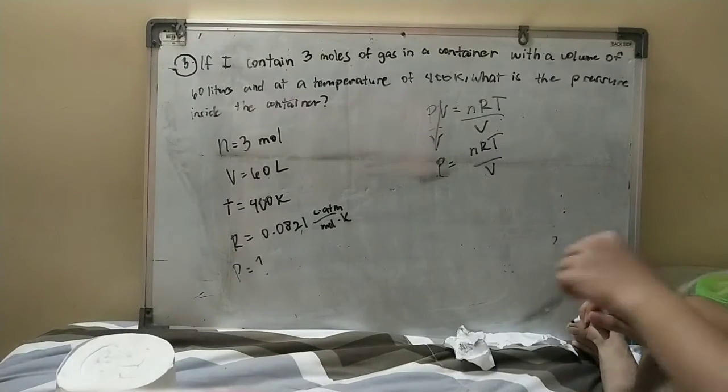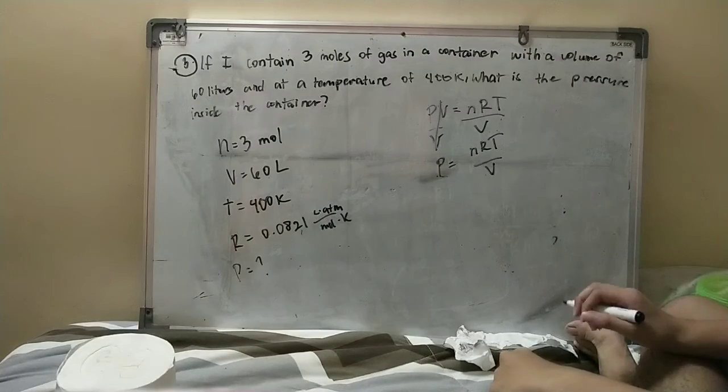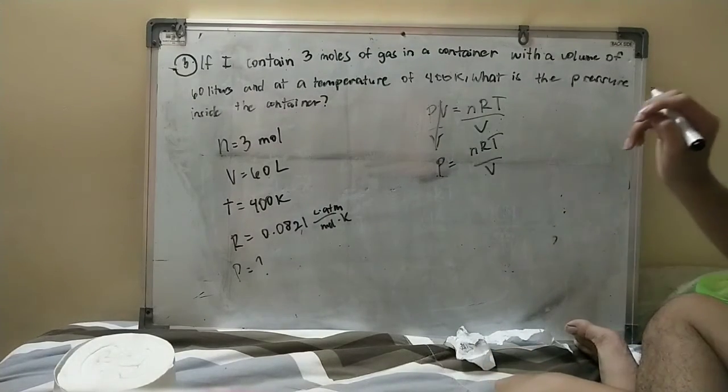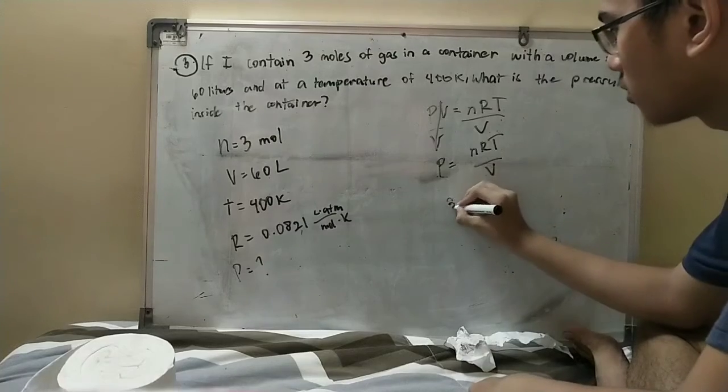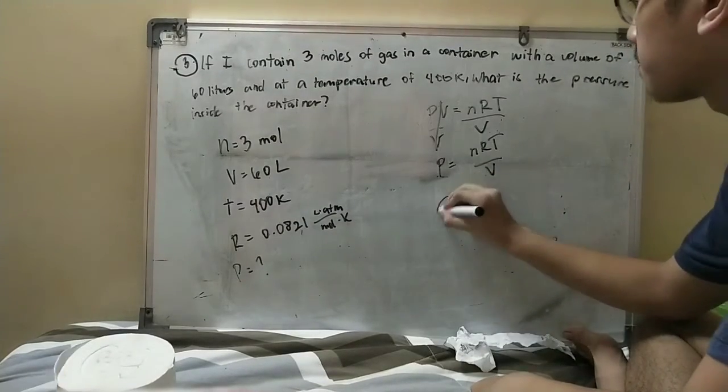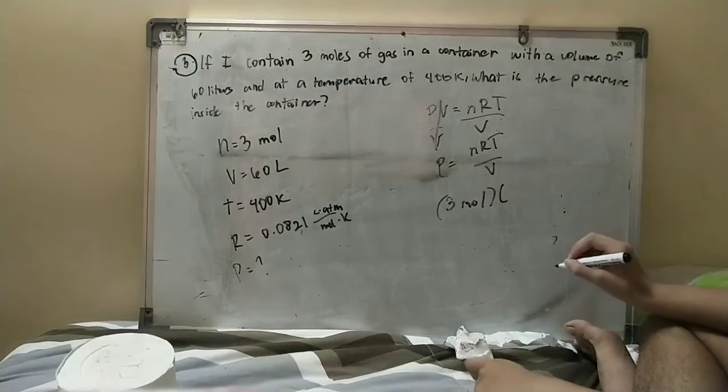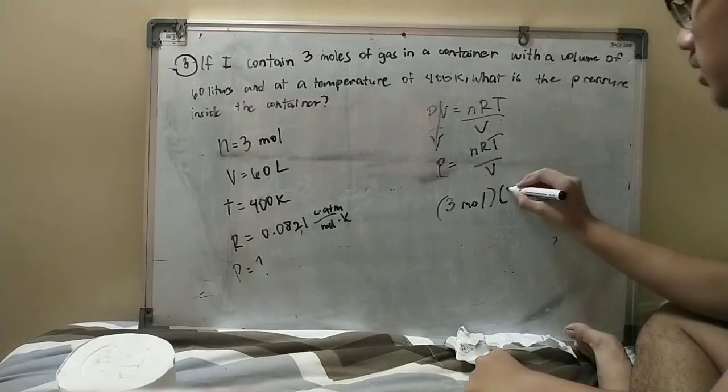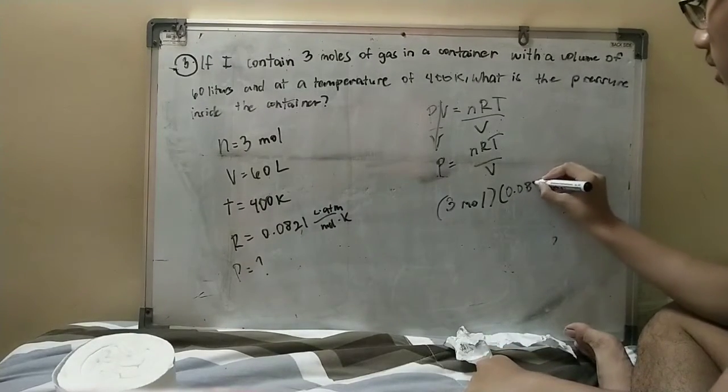Now, let's substitute all of the values we've got with the formula. So, our N is 3 moles. Our R being 0.0821, our constant.